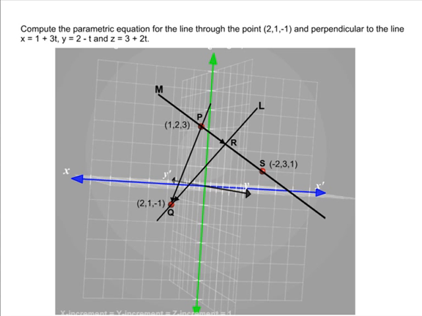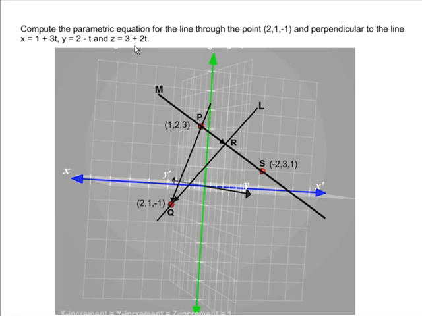Compute the parametric equation for the line through the point (2, 1, -1) and perpendicular to the line that's represented by its parametric equations, which is labeled as line M. The parametric equations for this line are x equals 1 plus 3t, y is equal to 2 minus t, and z is equal to 3 plus 2t.